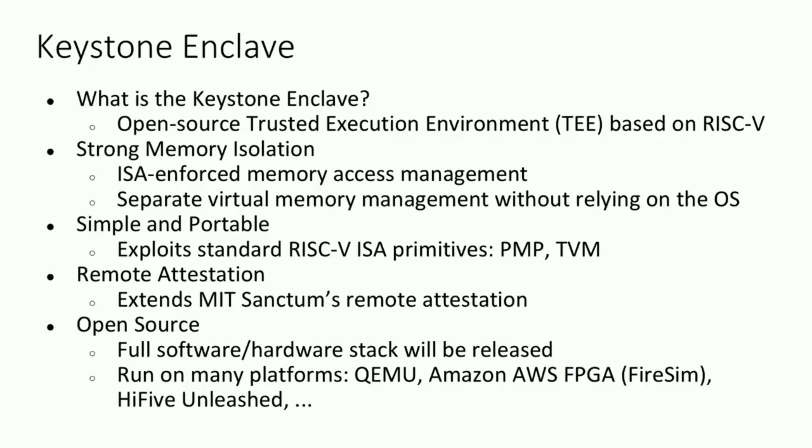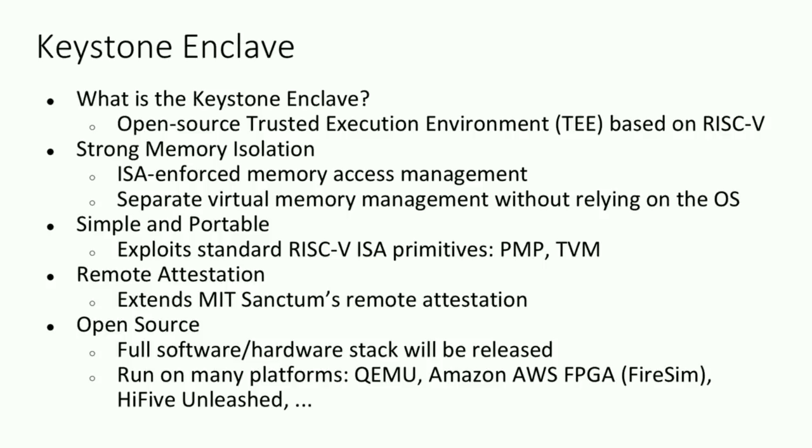Towards this goal, we are doing a project called Keystone Enclave, aiming to build an open source secure enclave on top of the RISC-V chip, which is an open source RISC architecture that's available today.